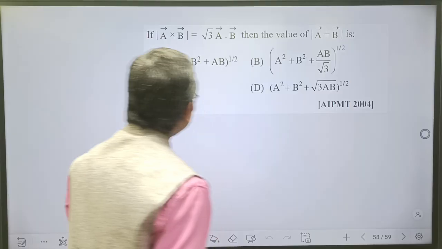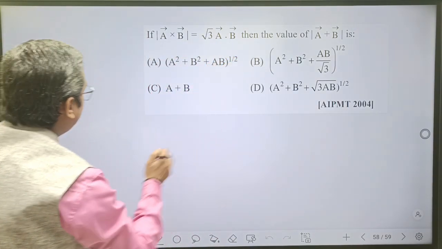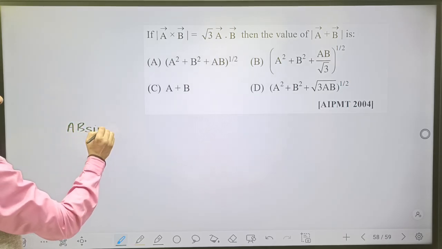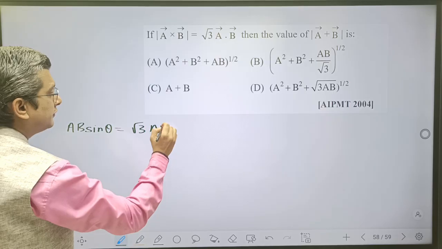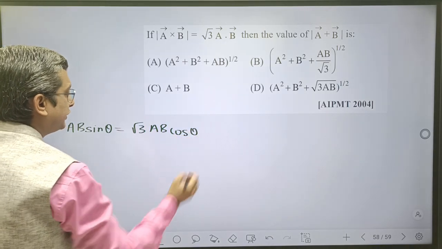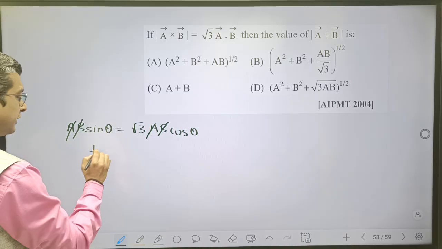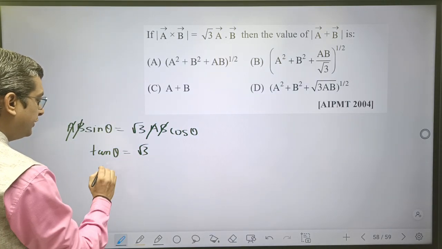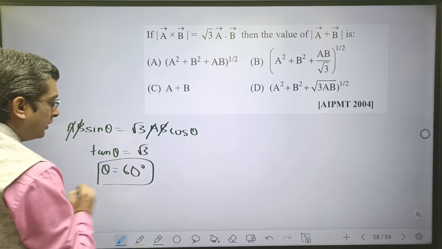Next question. Here it is given that the magnitude of A cross B, that is AB sin theta, is equal to root 3 times A dot B, that is AB cos theta. So this AB gets cancelled. This will be tan theta equal to root 3. It means that theta is equal to 60 degrees.